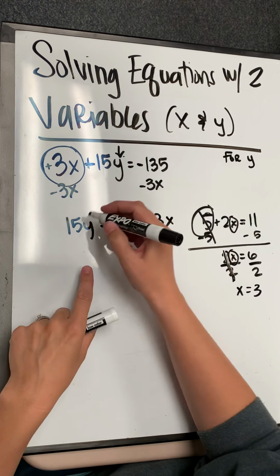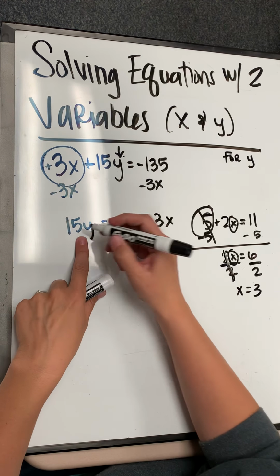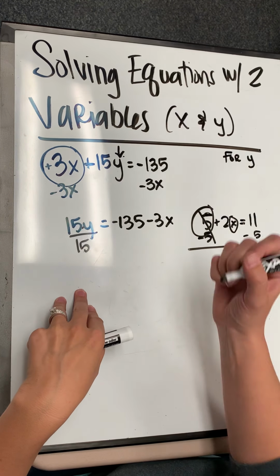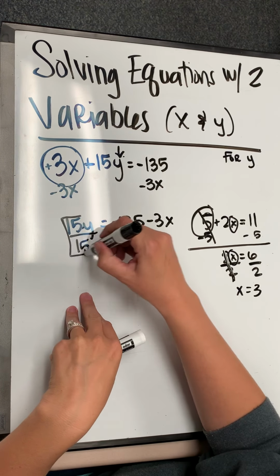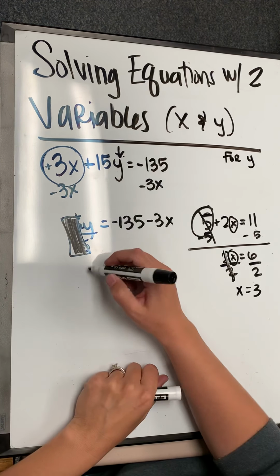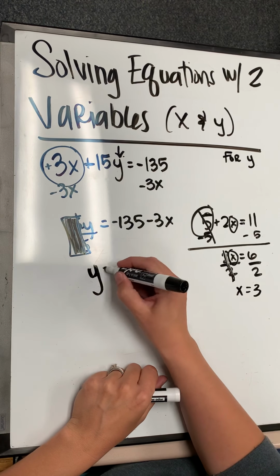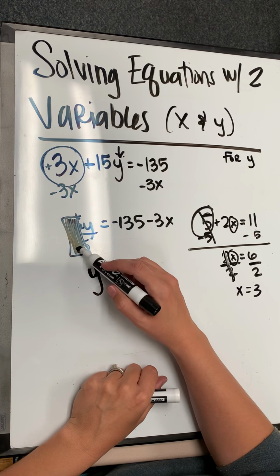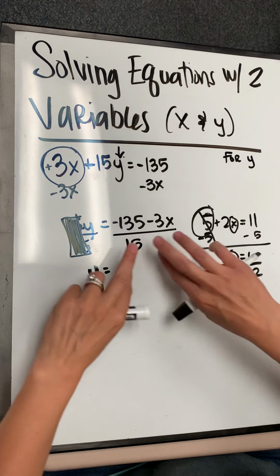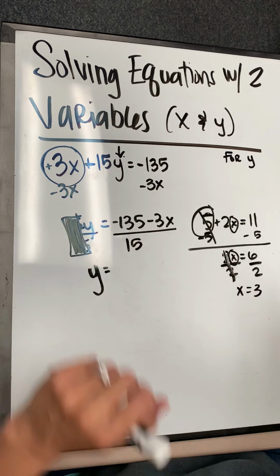Now that I have just this term on that side, I can go ahead and divide by 15. I'm undoing that multiplication, so I divide. Really, 15 divided by 15 is 1. So now I have 1y, which I write like that. But because I divided this by 15, I have to divide this whole side by 15. And I can do this by breaking it up and dividing each of them by 15.